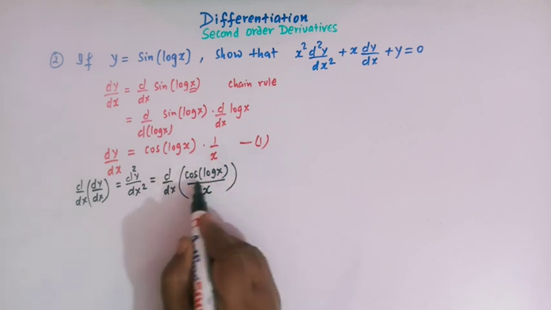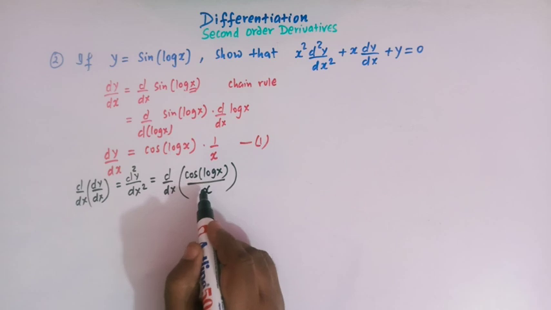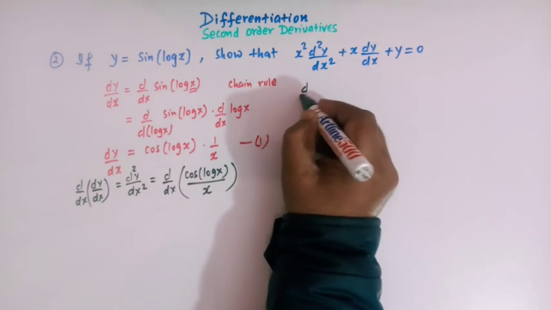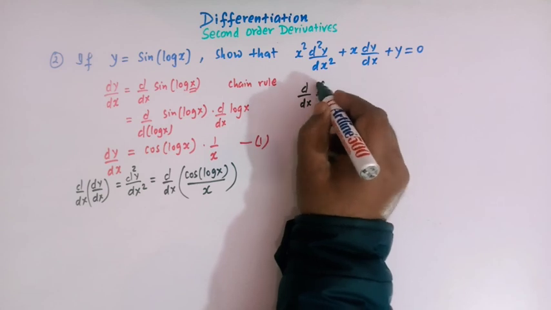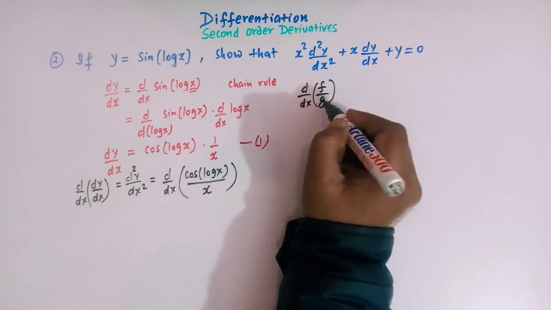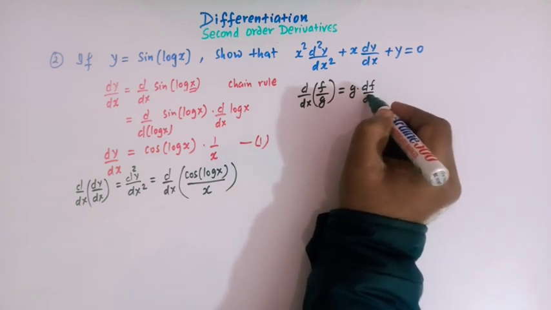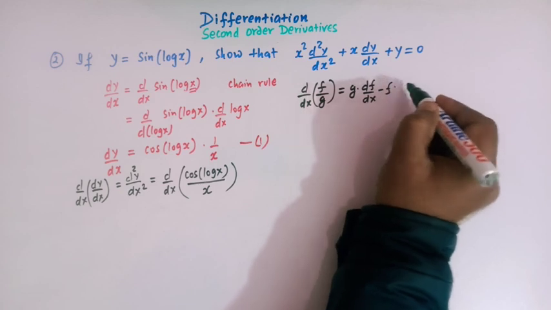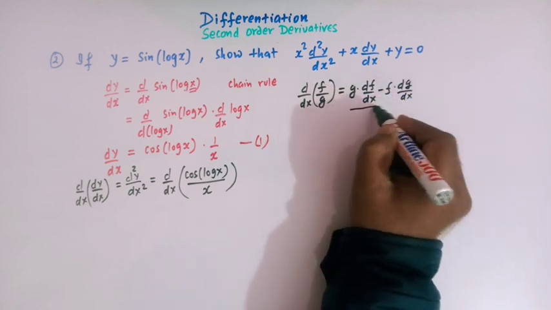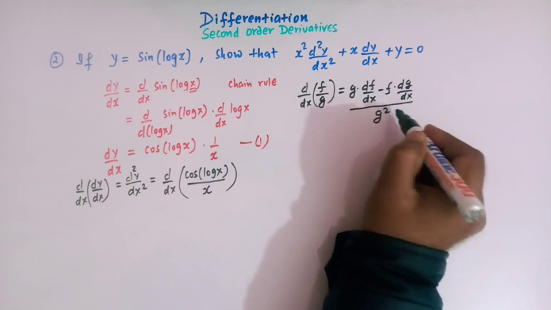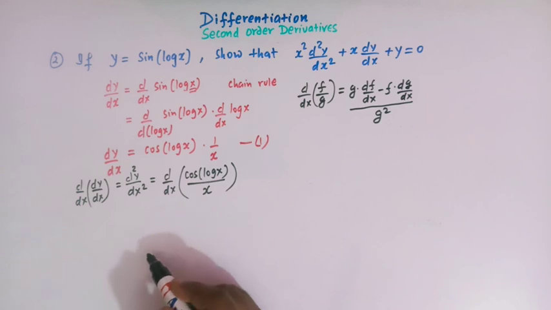And to find the derivative of this function we have to make use of the quotient law, right? The quotient law goes like this: if we have the quotient of two functions of x, that is f over g, then this is g times the derivative of f, minus f times derivative of g with respect to x, divided by g square, right?